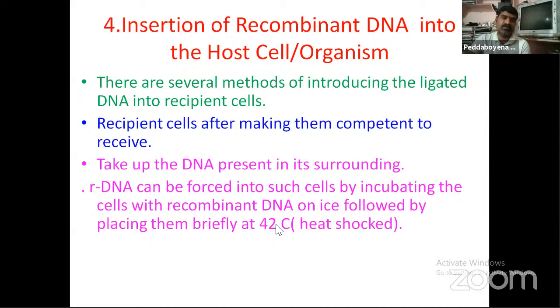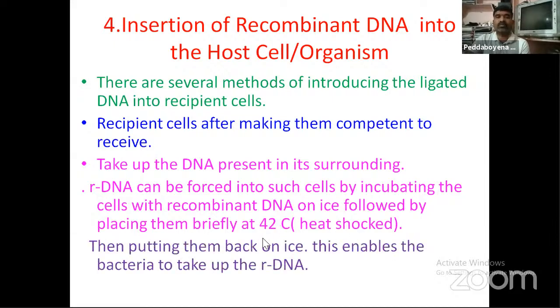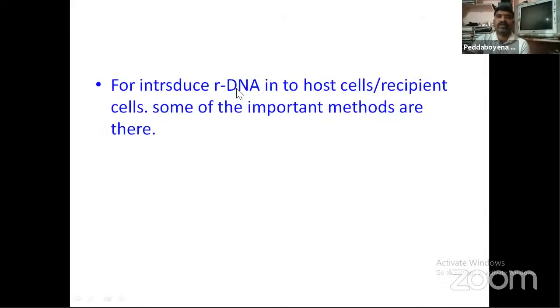So that is important, 42 degrees centigrade, heat shock, and then putting them back on ice. This enables the bacteria to take up the rDNA. So that is very important for introducing rDNA into host cells, recipient cells.